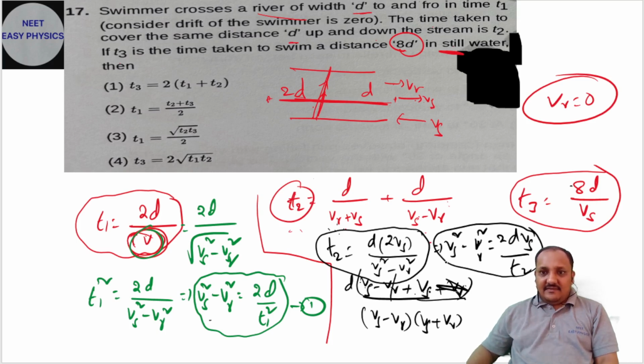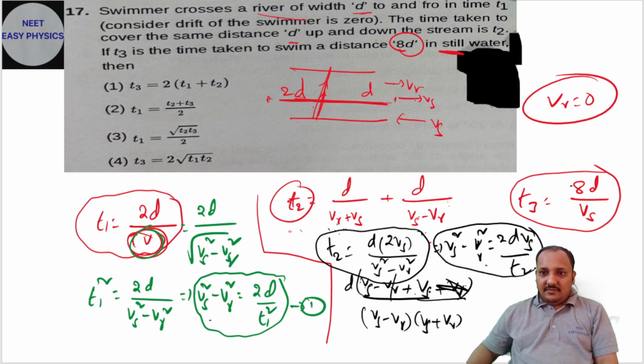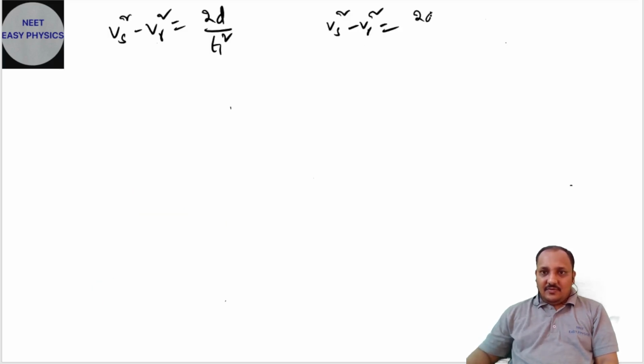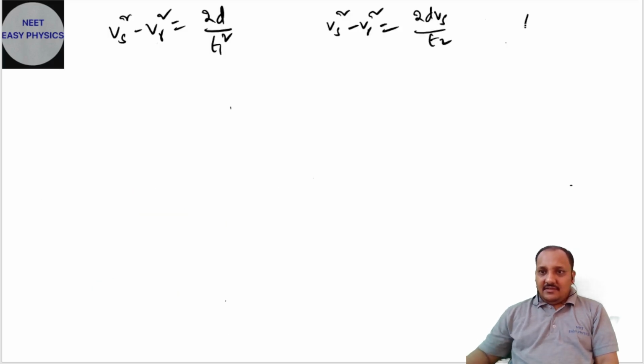Next, see the second equation: Vs square minus Vr square is equal to 2d Vs by t2. See the third equation. What is the third equation? t3 equal to 8d by Vs.